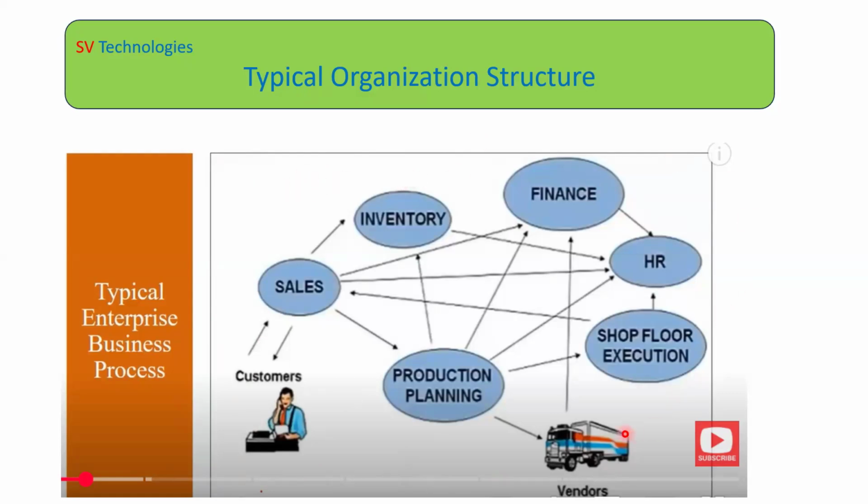If you take any automobile company, for example, if you get an order for a car, whenever you get an order for a car, right? Suppose the customer has placed an order for a car with a red color. If the red color car is available in the inventory, immediately they will deliver it.